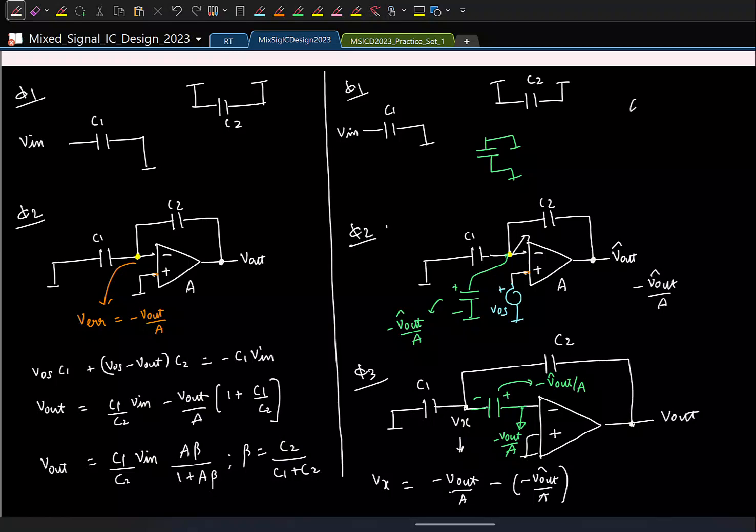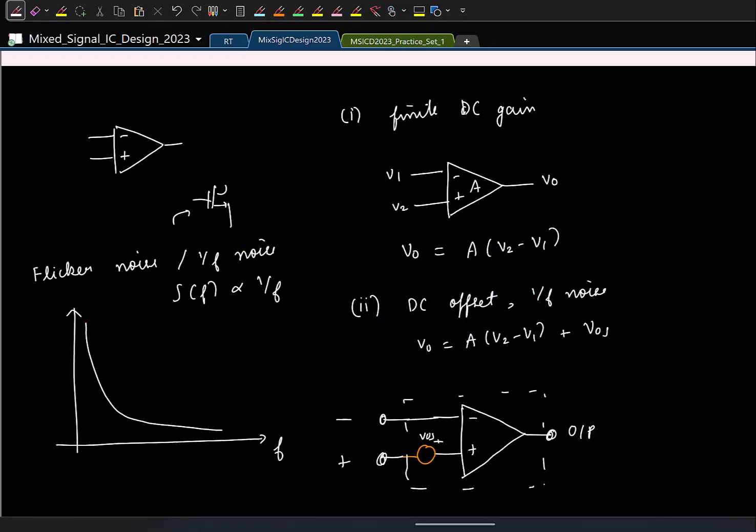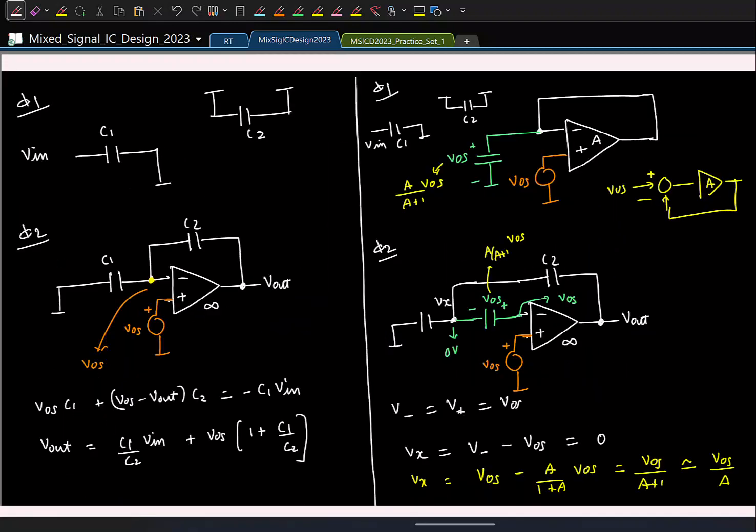So here we get two things. We can correct for the gain error, that is, the finite gain of the op amp can be tackled, and also the offset gets corrected. And let's see how much improvement we can get. In the offset correction case, we had the same thing.